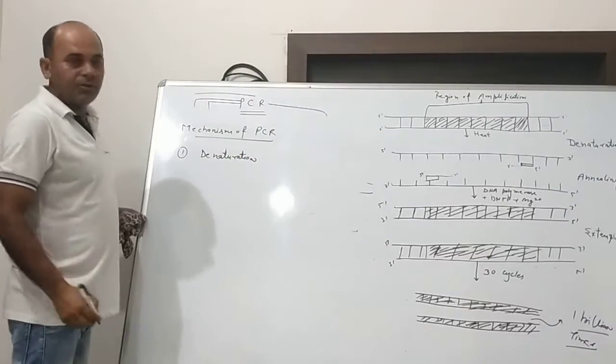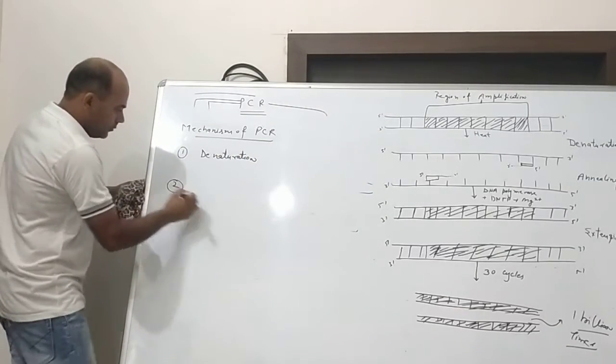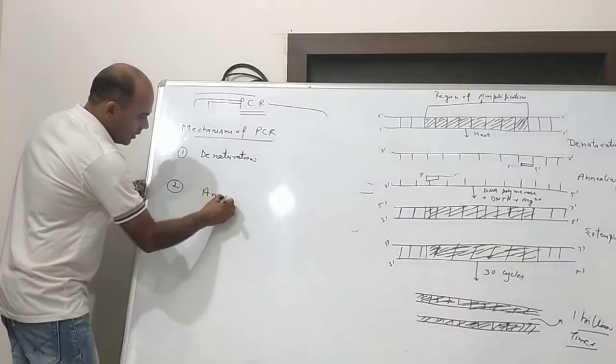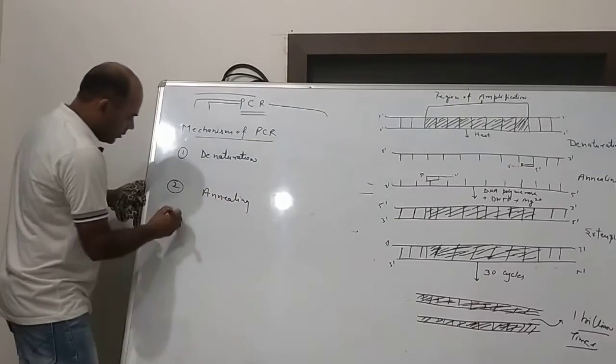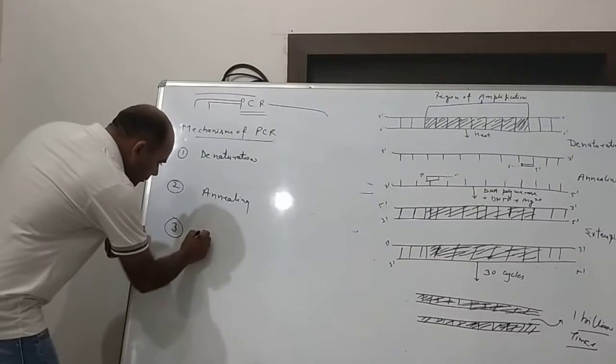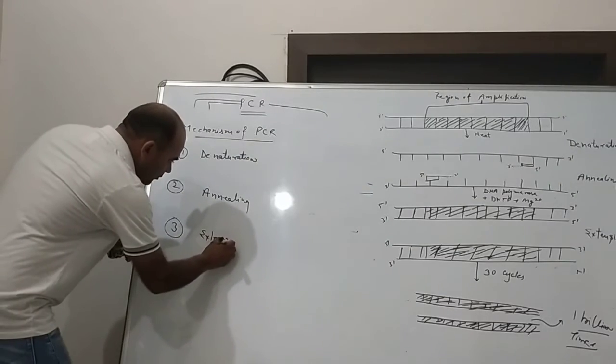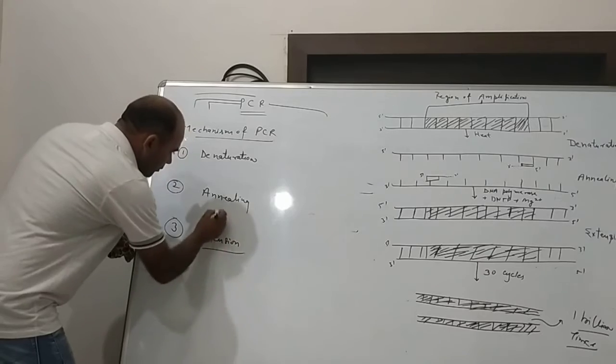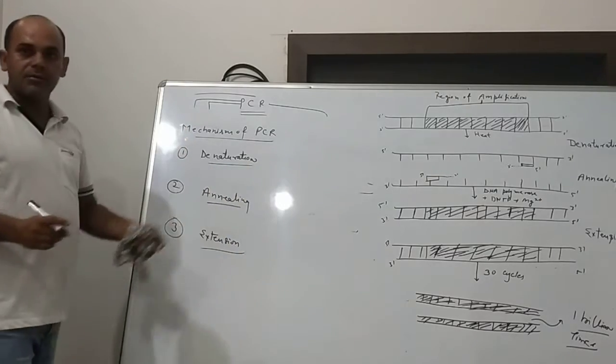The second one is called annealing. The third step is called extension. These are the basic 3 steps.